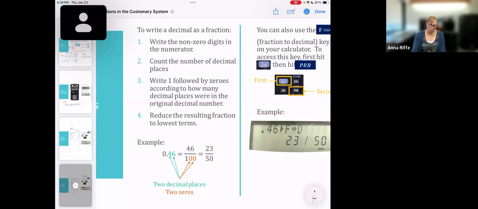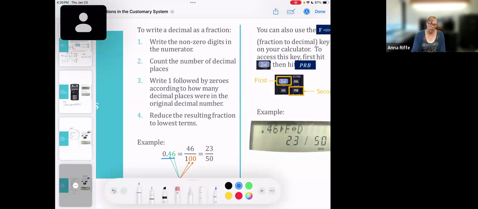For example, let's say I want to write 0.46 as a fraction. Then I'm going to take this 46, this part to the right of the decimal point, and write it in the numerator of the fraction. I can note that in order to write that as a whole number, I had to move the decimal point 1, 2.